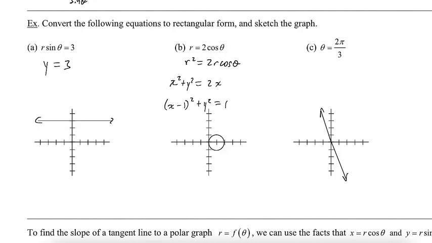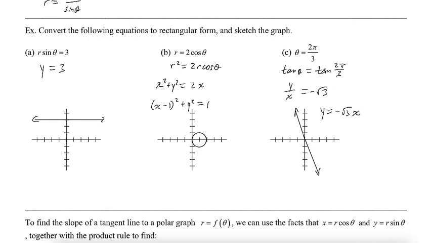Well, if I take the tangent of both sides, tangent I know is y over x, and tangent of 2 pi over 3 is, let's see, opposite over adjacent, so negative root 3. So that means y equals negative root 3 x. And there would be the equation in rectangular form.